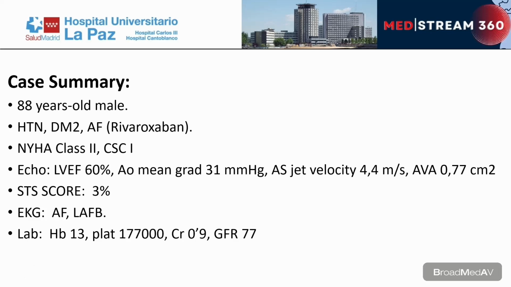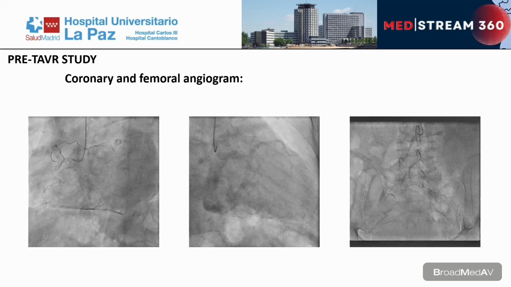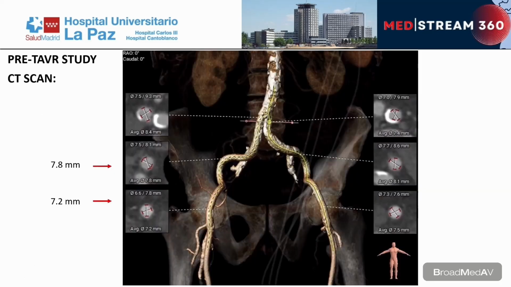The STS score is 3%. In the EKG, we see atrial fibrillation with left anterior fascicular block. The laboratory tests were normal, and the coronary angiography showed a severe lesion in the mid-right coronary artery. The femoral angiography and the CT scan show good caliber vessels without significant lesions.